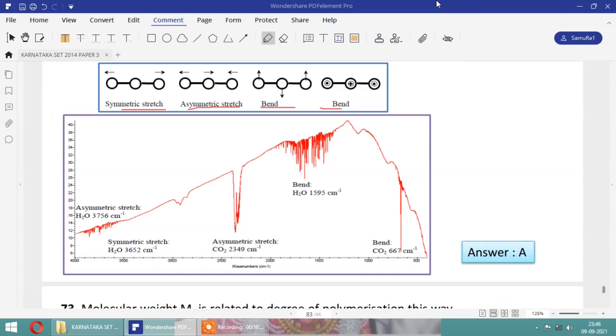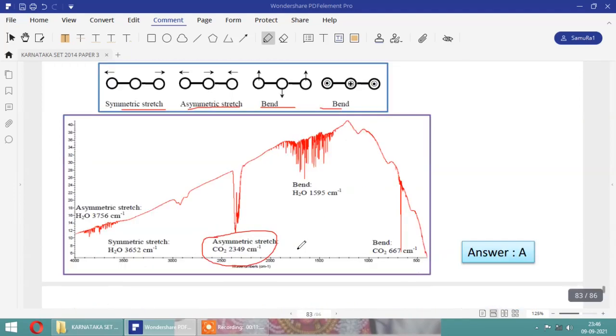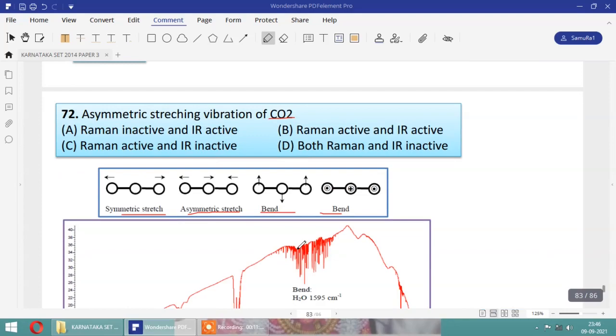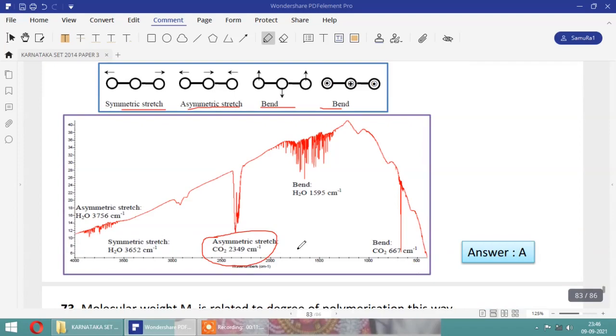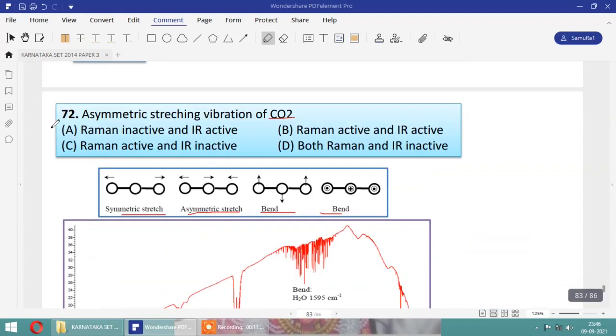The asymmetric stretching is at 2349 centimeter inverse. So this CO stretching frequency is Raman inactive and IR active. So option A is correct.